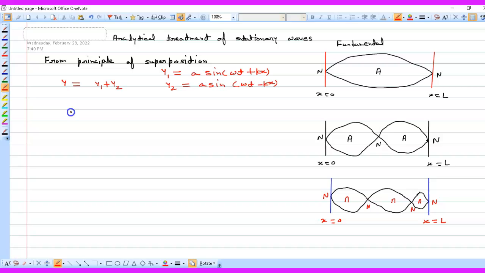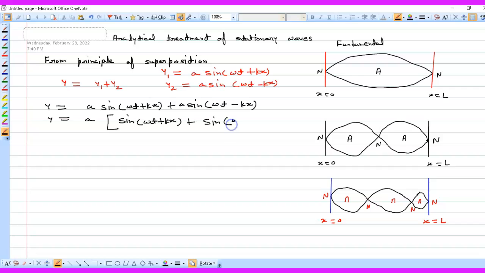Putting y1 and y2, we get y is equal to a sine(omega t plus kx) plus a sine(omega t minus kx). A is common, so y is equal to a times [sine(omega t plus kx) plus sine(omega t minus kx)].